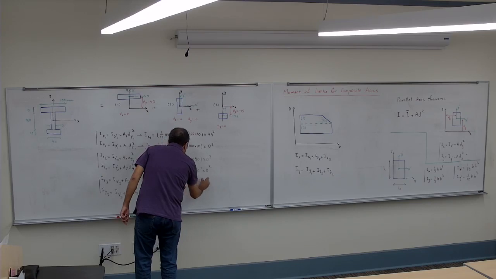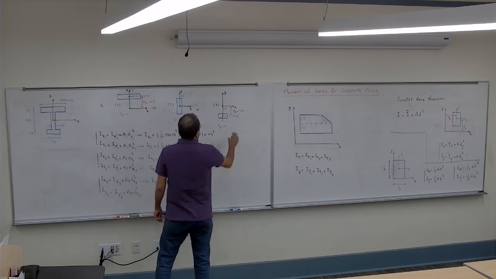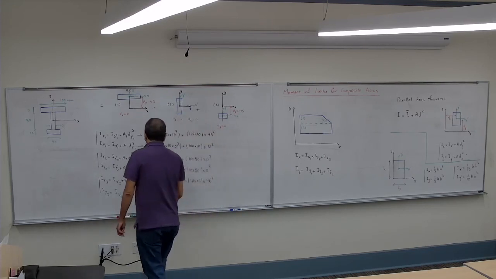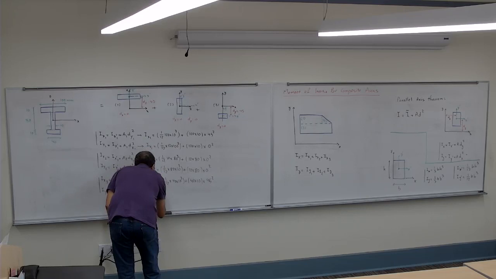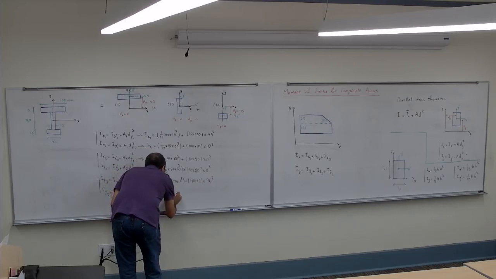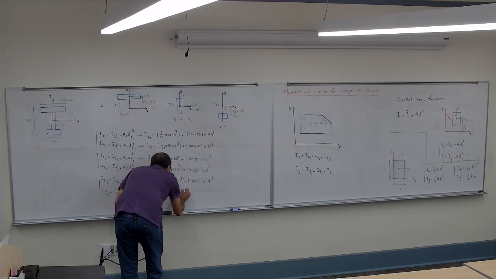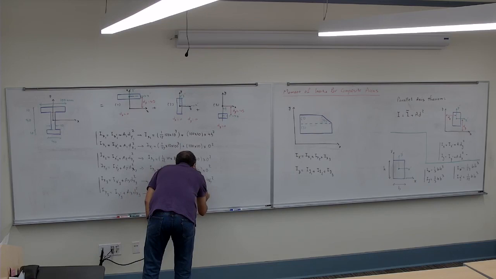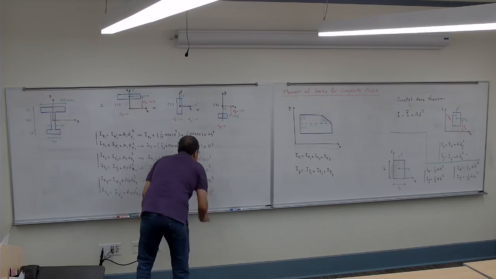This is the area times the dy, which is going to be 45 squared. And here I about y3 is 1/12 of 10 times 40 cubed plus 40 times 10 times 0 squared.